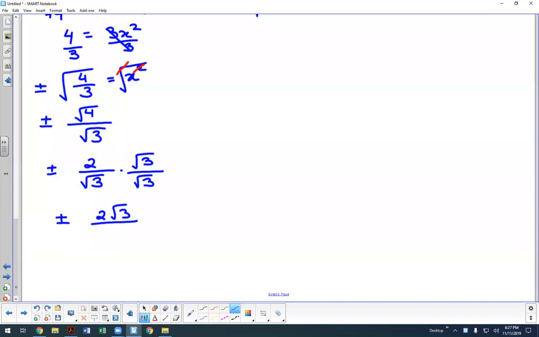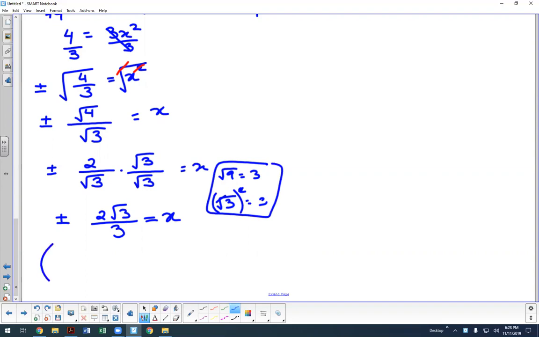Yeah, it's going to end up becoming 3 because square root of 3 times square root of 3, you can think of that as multiplying into square root of 9, which becomes a 3. Or you can say I am multiplying the same number into itself, so the square and square root can cancel out to give you 3. Either way, you still get the same answer. So this is going to be your x value here.